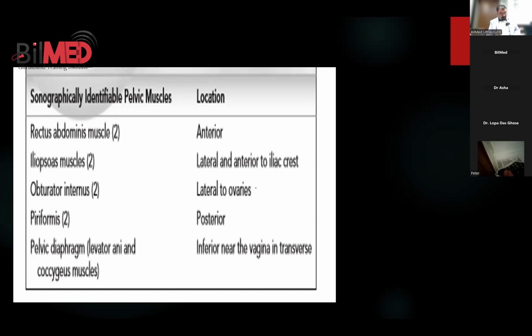Next question from the same doctor is like this. Sir, you told acute hemorrhagic cyst is hyperechoic, but we know that fresh blood is anechoic. Let me try to understand the question first.